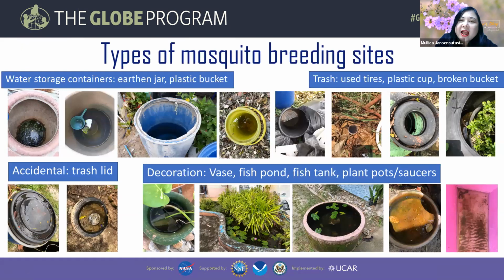They also have trash. You can see they have some broken buckets, some plastic cups, and used tiles lying around their houses. They also have some house decor, like a small pond or water lily. All these can actually have mosquito larvae as breeding sites.